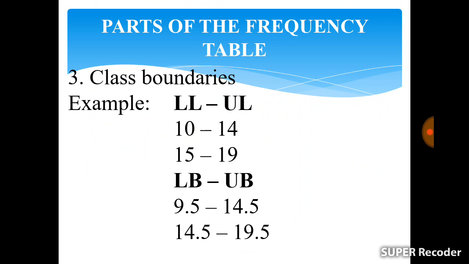So lower boundary, let's say here from 10 to 14. To get the lower boundary of 10, you just have to subtract 0.5. To get the upper boundary of 14, you just have to add 0.5 to 14 or to the upper limit.